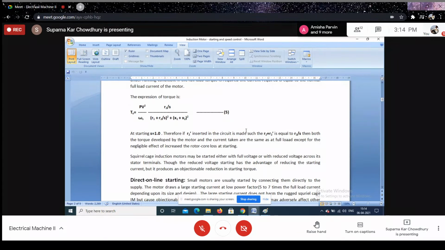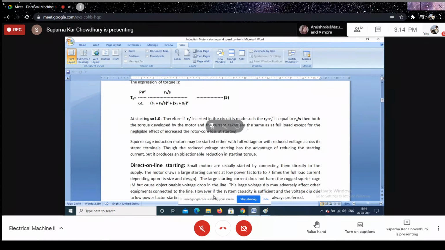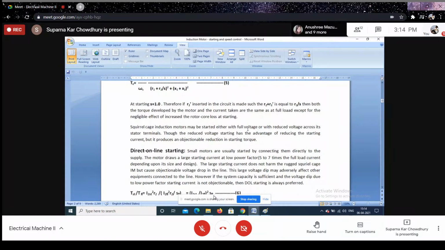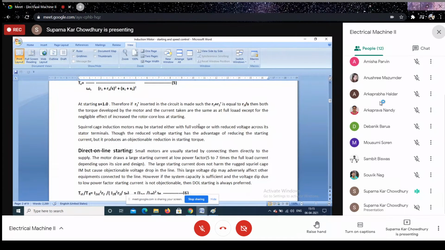However, in case of squirrel cage motor, we cannot control the rotor circuit resistance. But in case of squirrel cage motor, when we go for the construction, you will see that we have deep bar rotors, that is the length of the rotor slot is quite high. Now at starting, the frequency is f, the supply frequency.